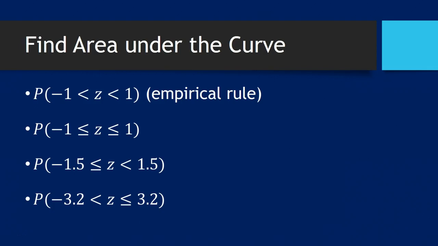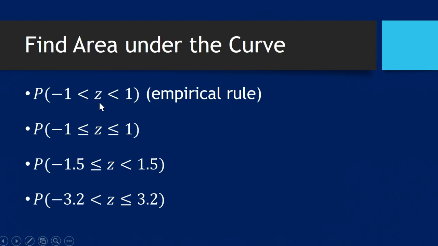Okay. So let's take the z-scores or z-values and say, well, let's find the area. Let's find the probability that we pick an individual at random and they have a z-value between 1 and -1. Now this should look familiar because this is exactly what the empirical rule was stating.